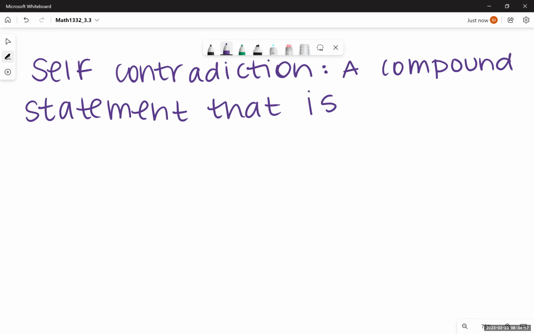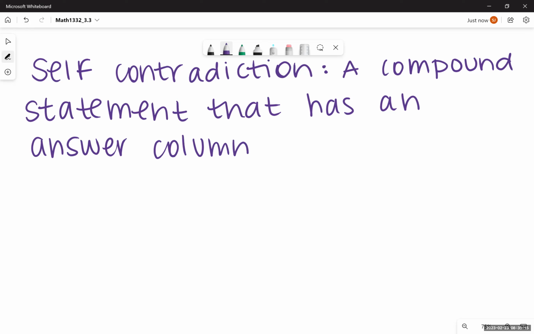Let me see if I want to reword that. A compound statement that has an answer column that is, it sounds weird, I'll explain it though, but that is always false.